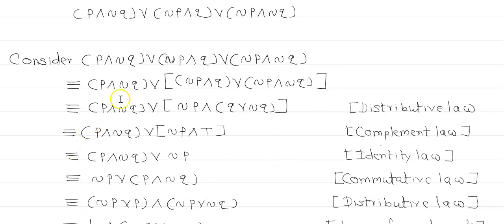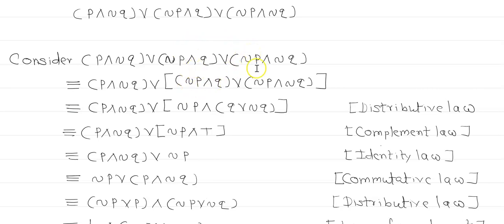Now how can we minimize the switches? It's again very interesting, if you know the laws of the algebra of statements that we have seen. We have P and negation of Q, or negation of P and Q, or negation of P and negation of Q. Now see this here: negation of P is here, and negation of P is also here.